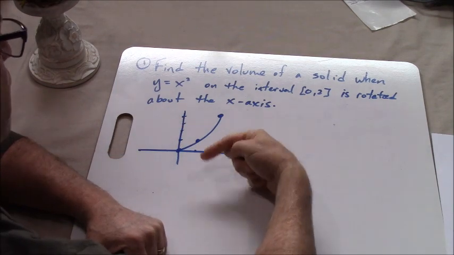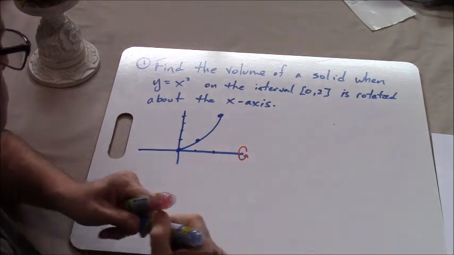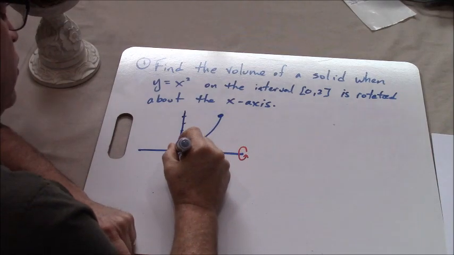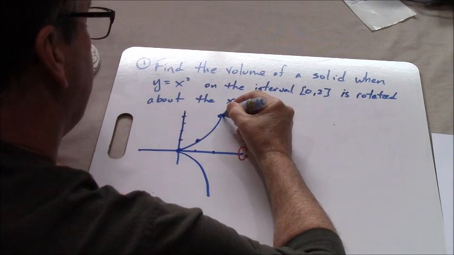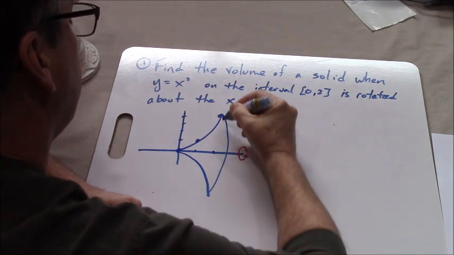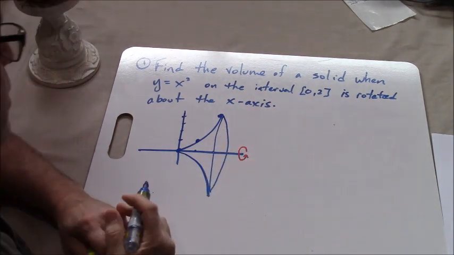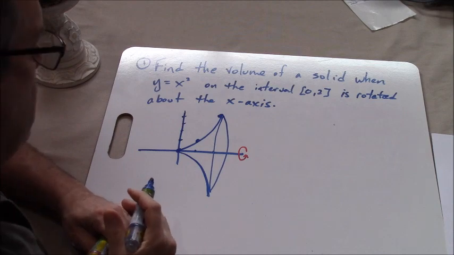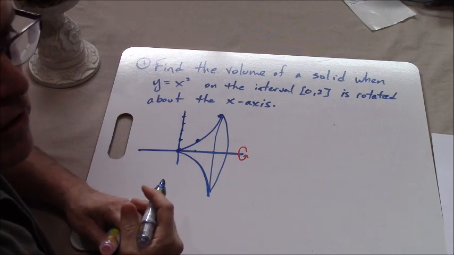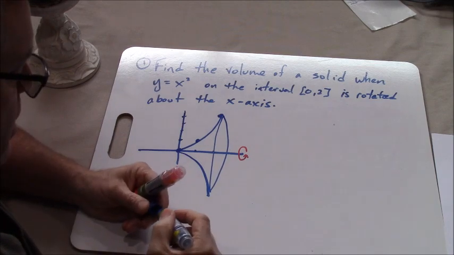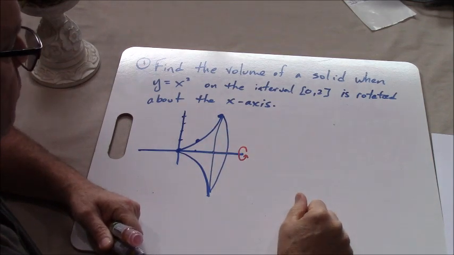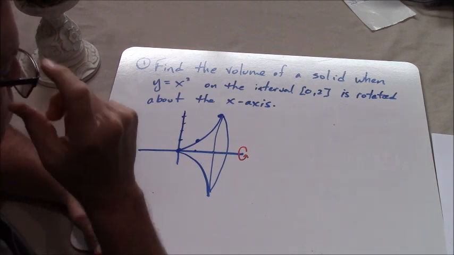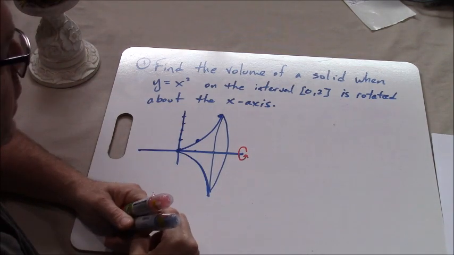So when I do that, if I rotate this around, what I'm going to get is a shape that looks like this. So I don't know if you can visualize that, but it almost looks like a funnel that's sideways. And this is a solid figure. It's solid all the way through. And what we want to do is find the volume of it.